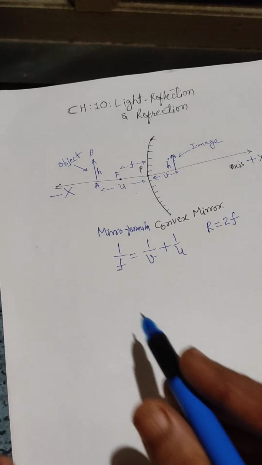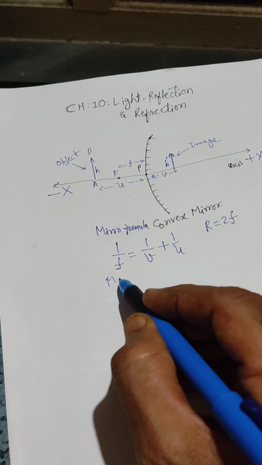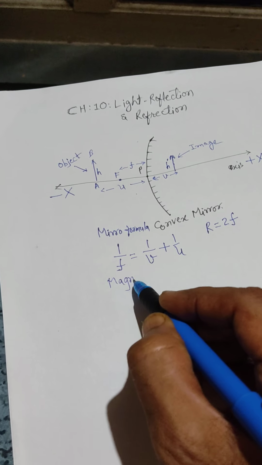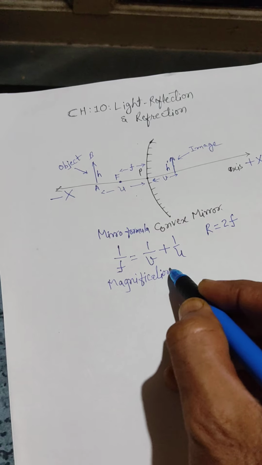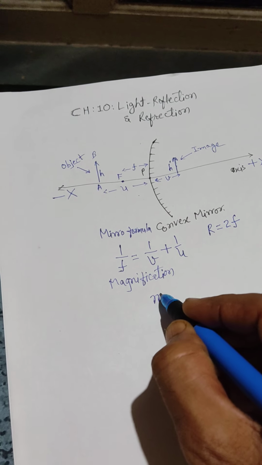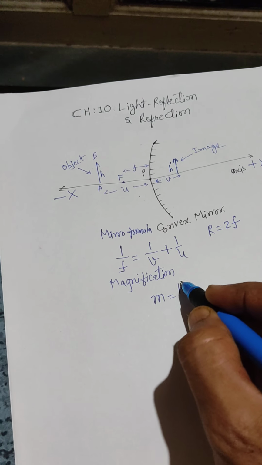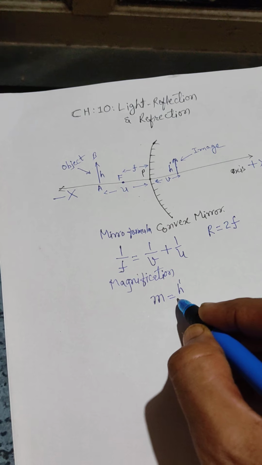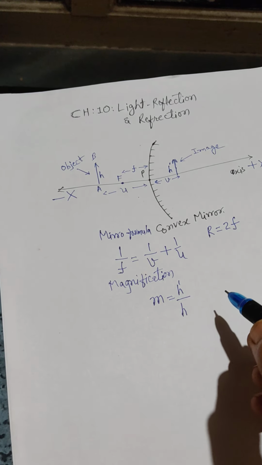Magnification is indicated by m, which equals h prime, that is height of image, to height of object.